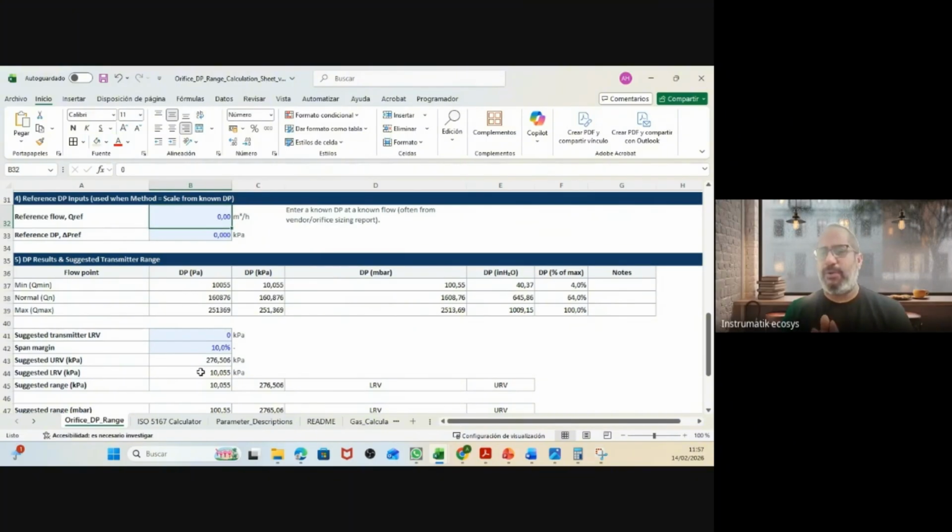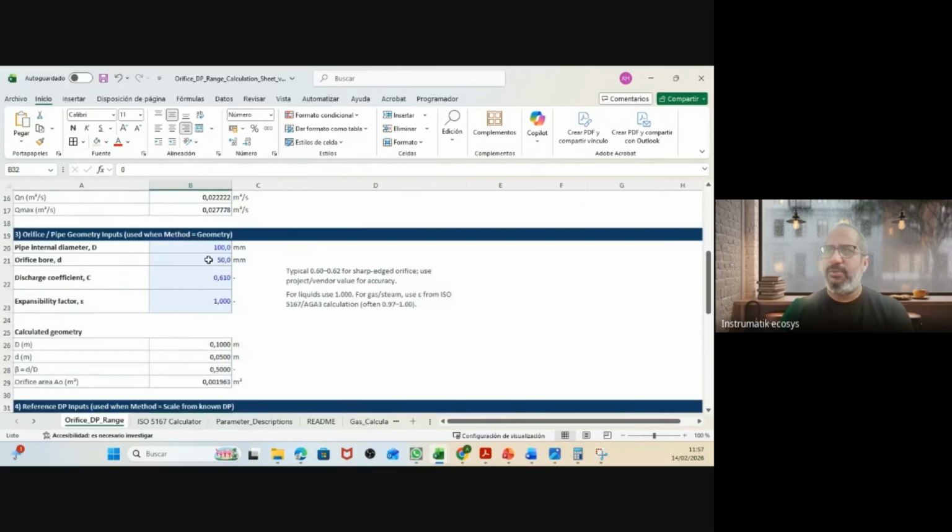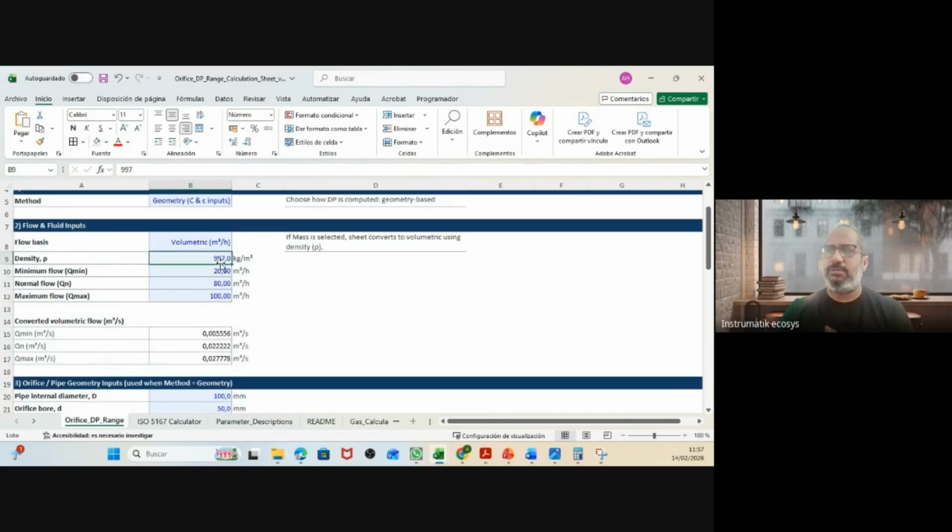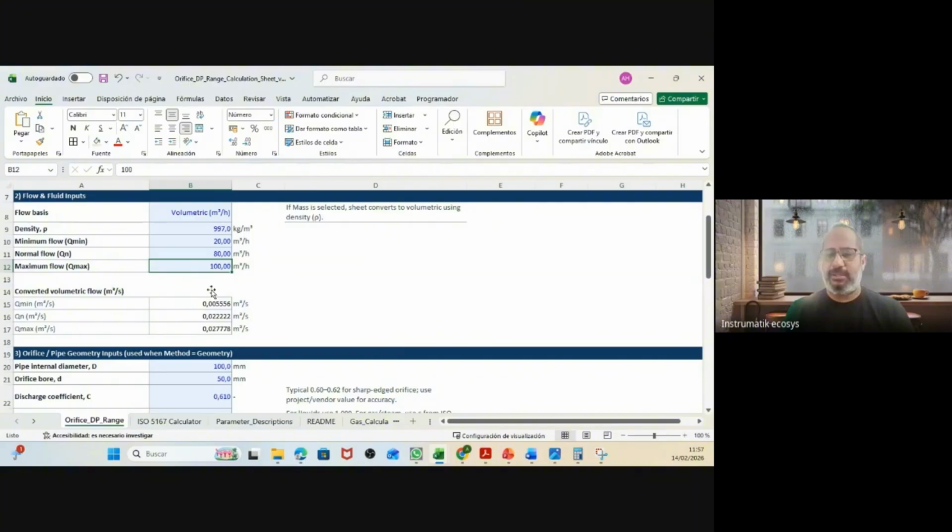What I would do if I was you is to practice with different values calculated by hand, and then come to the calculation sheet and validate it, just to make sure that you are doing it correctly.